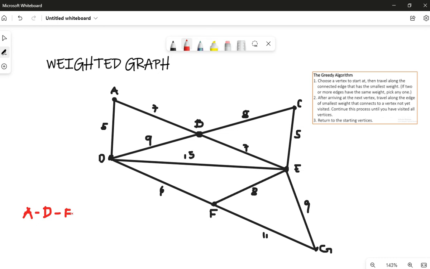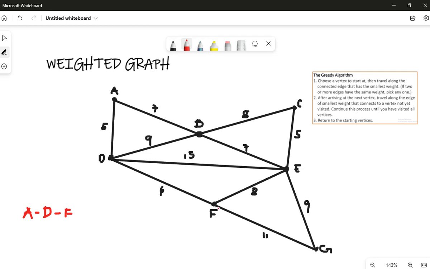Now, from A to D to vertex F. From vertex F, I have two options. I can go to vertex E, and I can go to vertex G. The smallest weight here is from F to E since this is 8 only compared to 11.